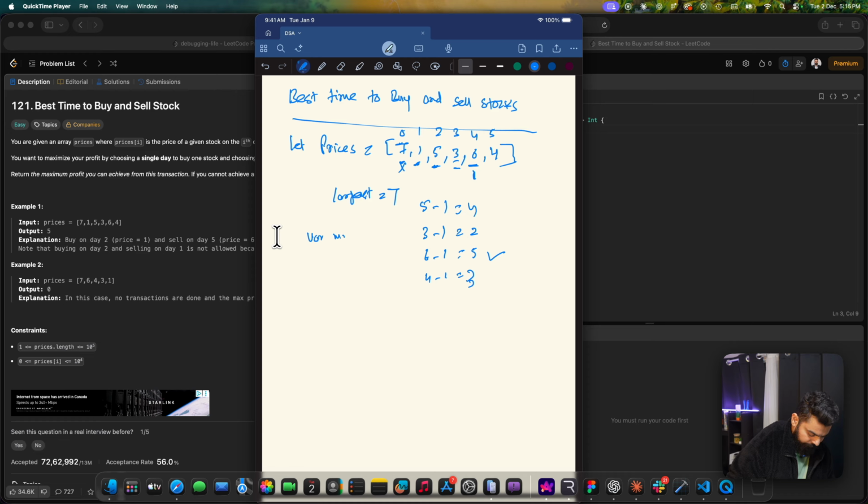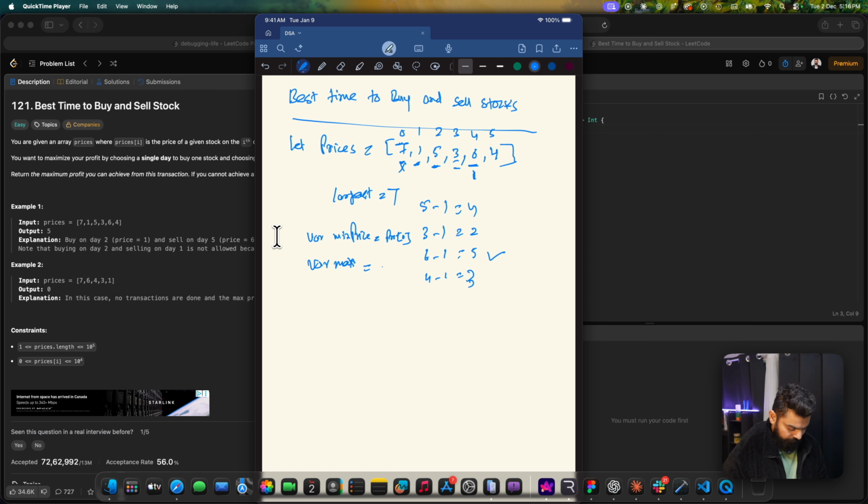One is min price. I will set min price by default to the first value of the array, so that will be prices[0], and this guy, and maximum profit. I'll explain this code as well when I will be writing here. I'll go through each iteration and how it is checking. So this is max.